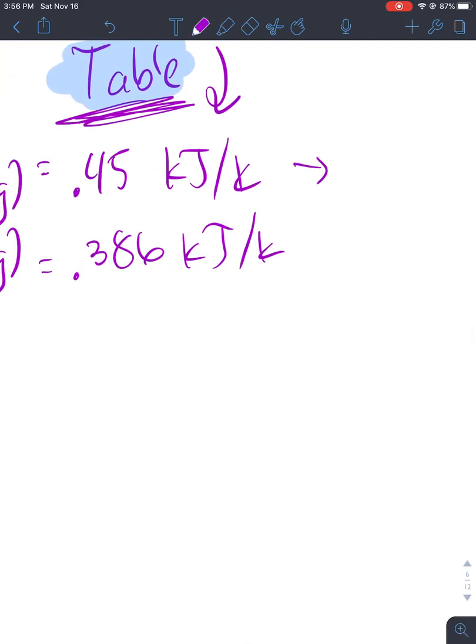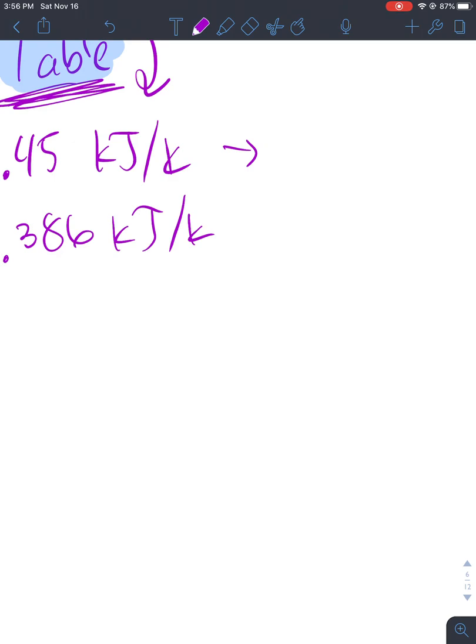And what this means is, I think entropy is the amount of disorder.